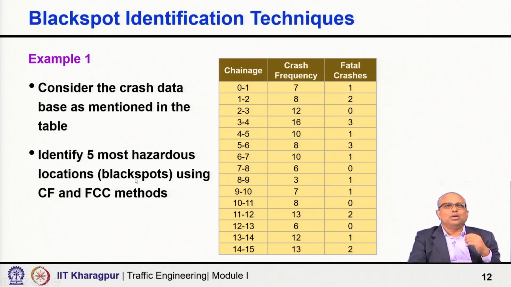So, what will I do? I want to find out the first 5 most hazardous locations, the black spots, using crash frequency. Based on crash frequency only, I will arrange the chainages and identify the top 5. When I want to use the FCC method, then based on fatal crashes, I will sort the chainages, with the highest number on top and the lowest number at the bottom, and then pick up the top 5 chainages.